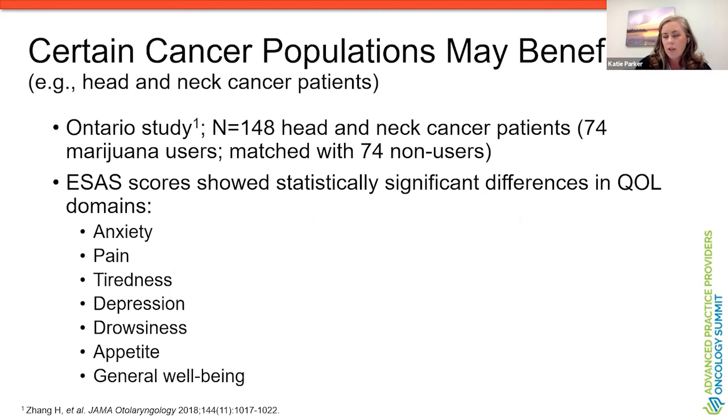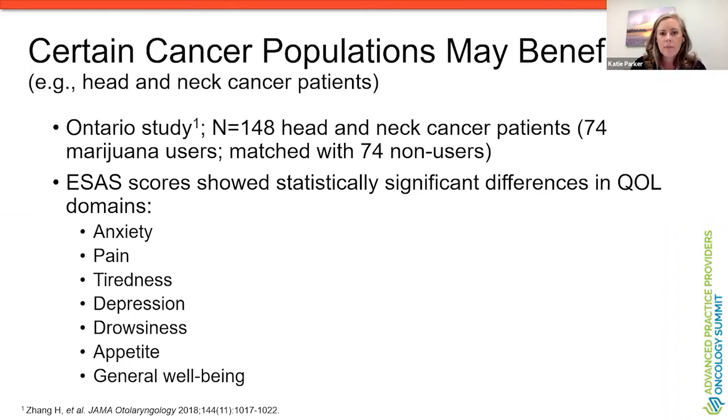There are a few populations that might be of benefit, and the head and neck cancer patient population is certainly one. They have a very high symptom burden. We see this in our clinic. They come in with lots of issues: pain, anxiety, depression, appetite, et cetera.